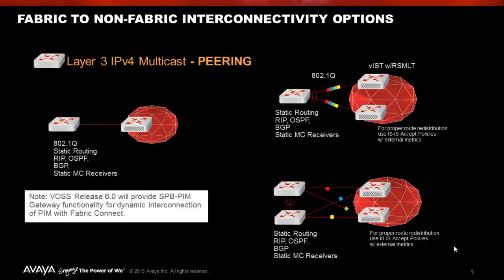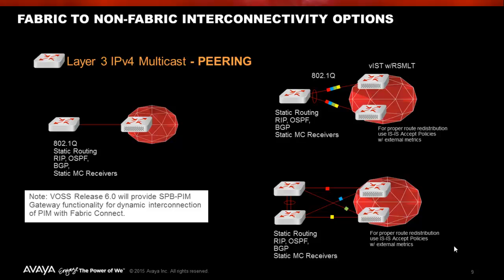We also have the ability to do peering with IPv4 multicast, and this is a specific type of peering. Typically in the past, what we've done is we've accomplished it through static multicast receivers, and that works really well. However, due to the fact that it's static, it's not very dynamic, and also it has issues of scale because of its static nature.